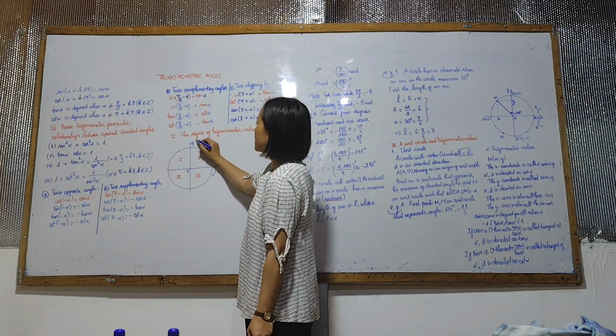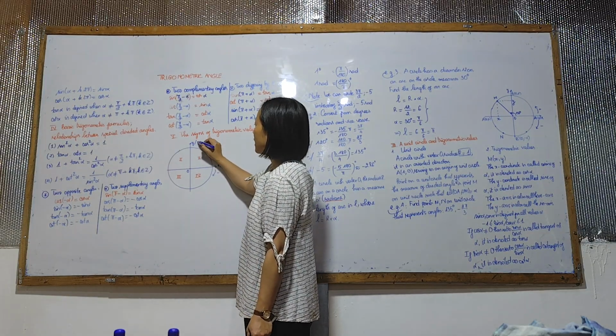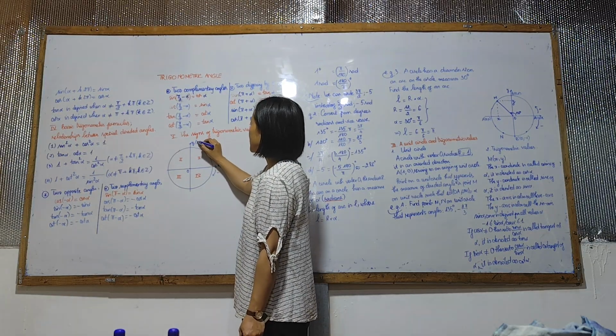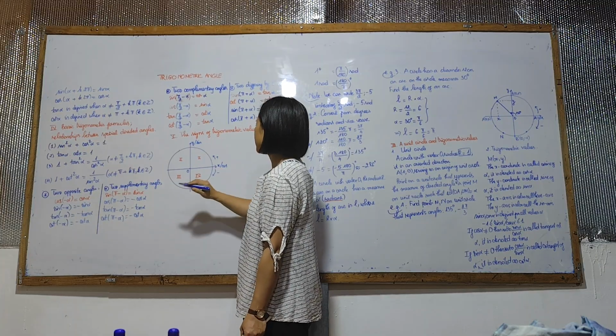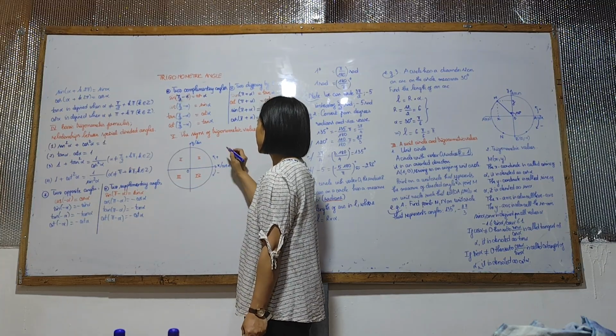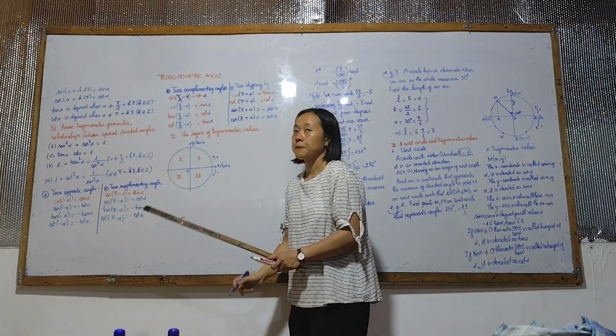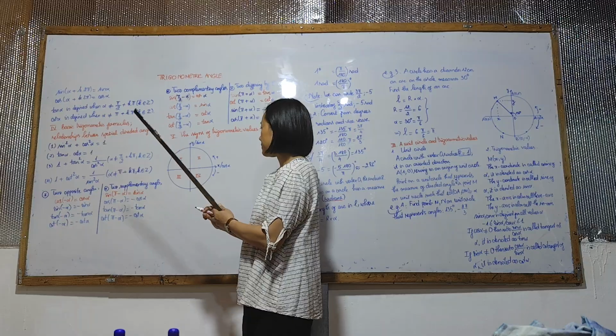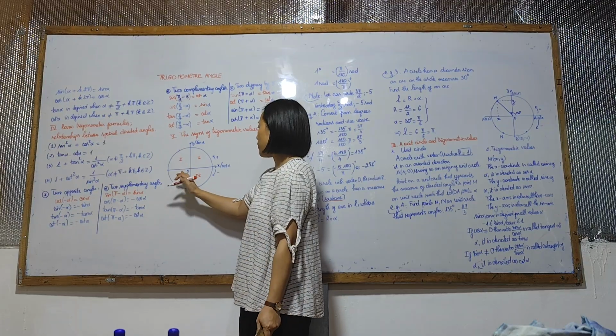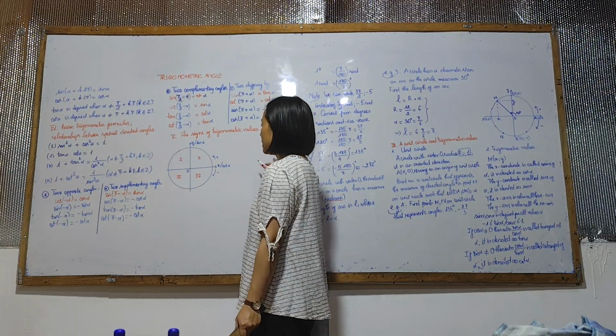The x-axis is the cosine axis, and the y-axis is the sine axis. The sign of them is from O to the positive.